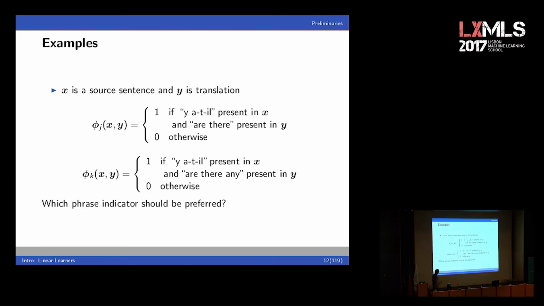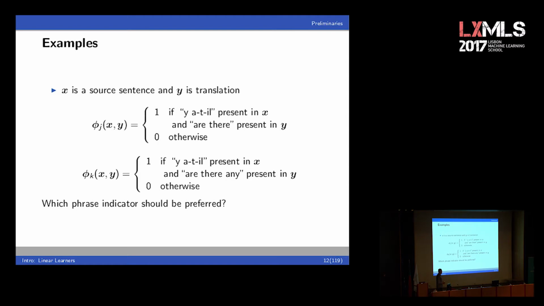Then for translation, a feature map would be, so you see you have source and target here, yatil and are there. One is in the source, one is in the target. That's one feature. Do I see that the phrase translation pair yatil and are there, or do I rather prefer the phrase translation pair yatil and are there any? The second one is the one you actually get. I took this from an actual model, and what you would actually prefer is this one, right?